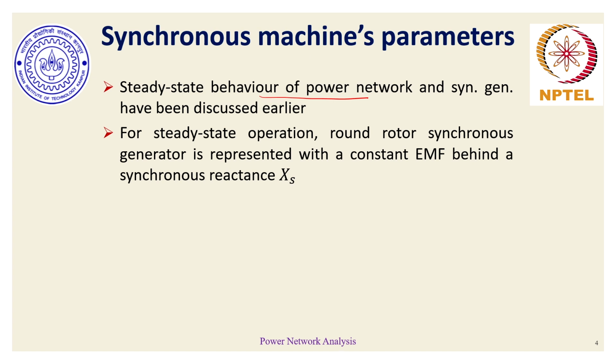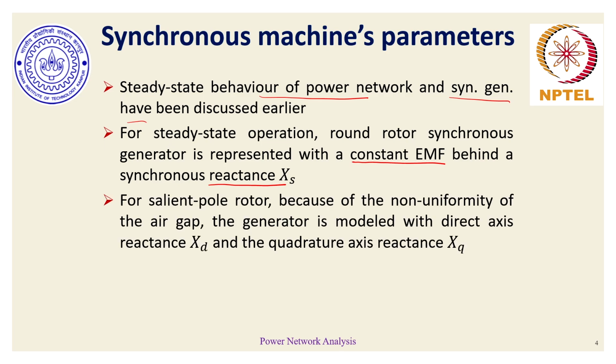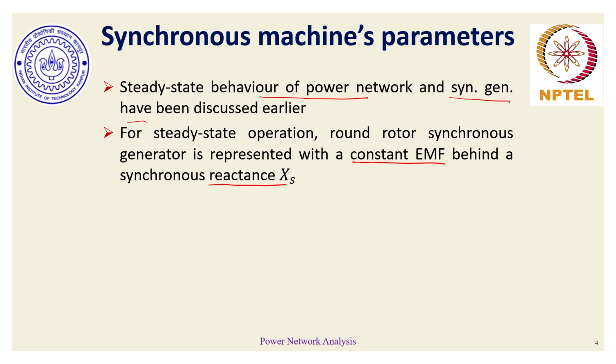During the synchronous generator module also, we discussed the synchronous generator steady state model at length. And during that discussion, we understood that for a cylindrical rotor machine, the equivalent circuit representation will have a constant EMF, or internal EMF, behind a synchronous reactance XS.